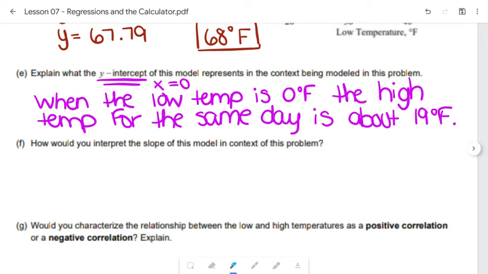Okay, so basically when one of our values is 0, the high starts at 19.